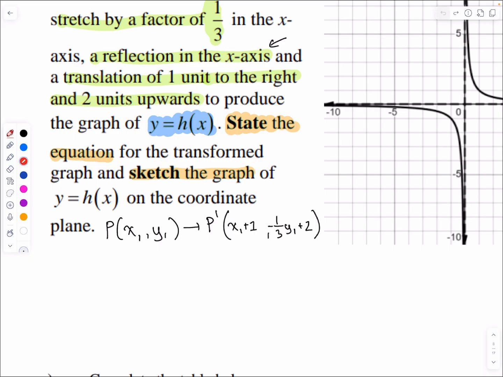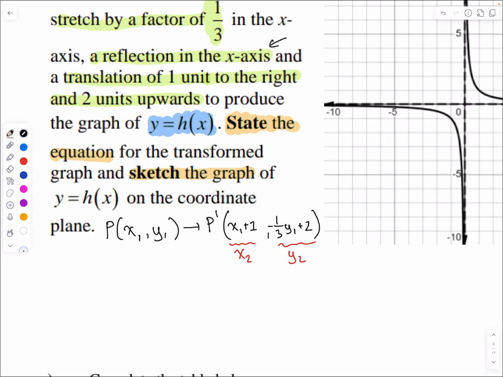It is really important, especially when we're building function notations and equations, to understand that these new x values are equal to x2, and this is equal to y2. And why that's important is because we want an equation in terms of x2 and y2.